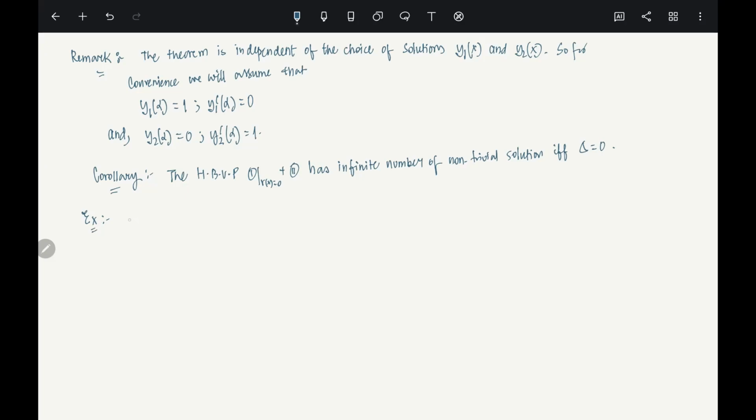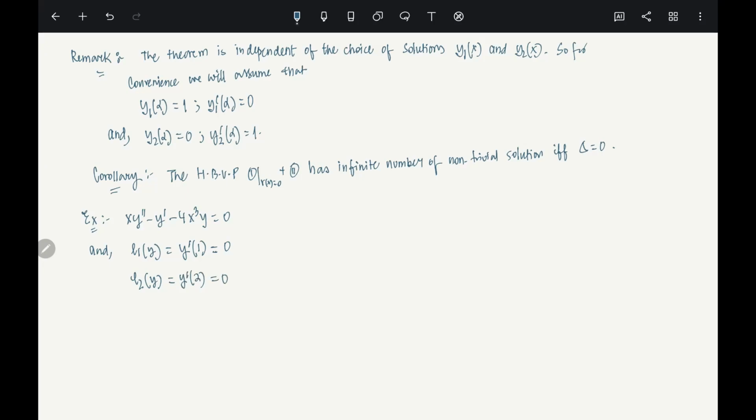Consider this equation: x y double prime minus y prime minus 4x cubed y equals 0, and the boundary data L1(y) is y prime at the point 1 is 0, and L2(y) is y prime at the point 2 is 0.